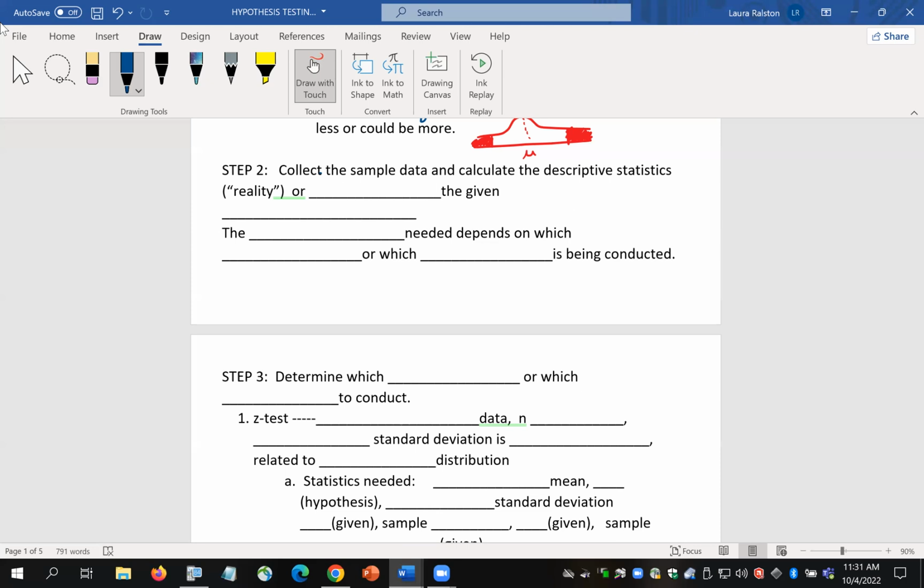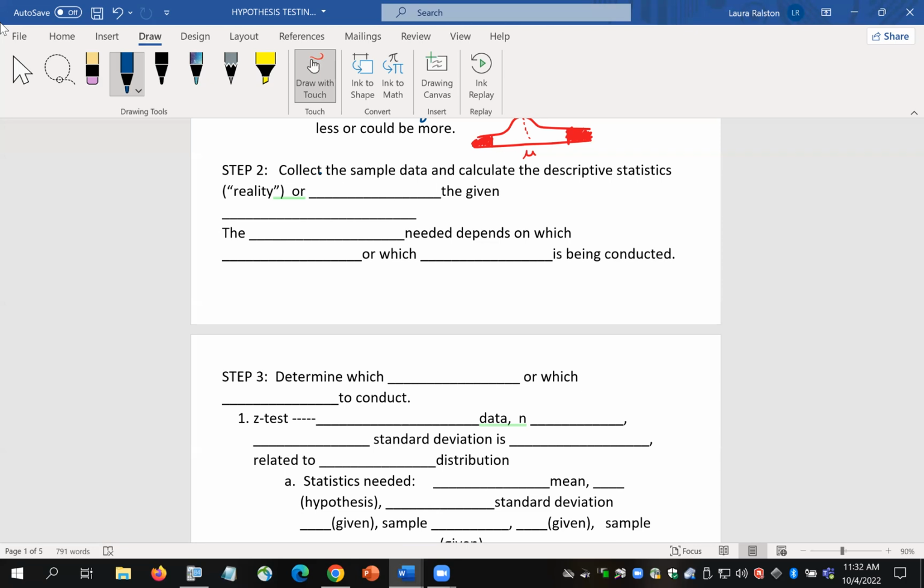And then I'm going to organize that data, maybe into a table, and calculate the descriptive statistics. Primarily, I need the mean and the standard deviation. Now, I could calculate all the other things as well, the median, the mode, the range, but I primarily need the mean and the standard deviation.